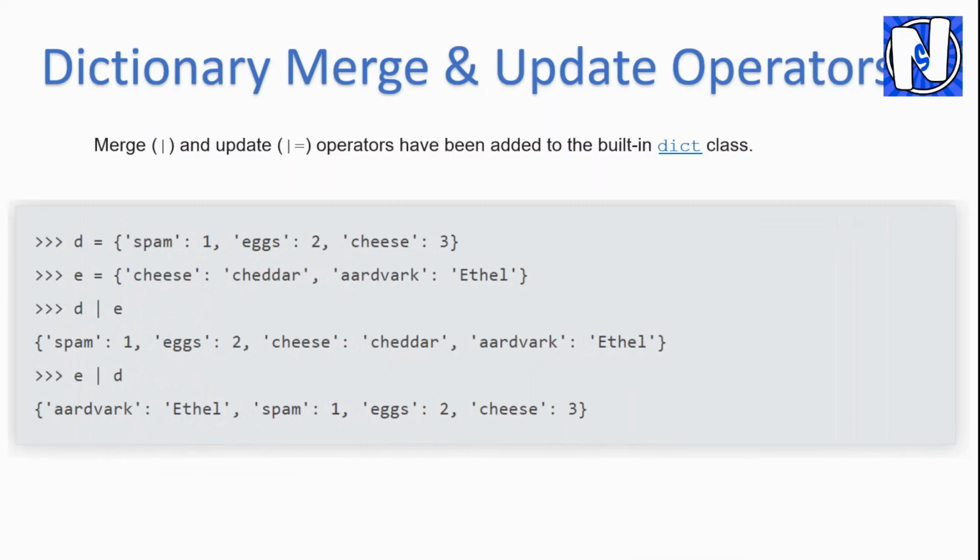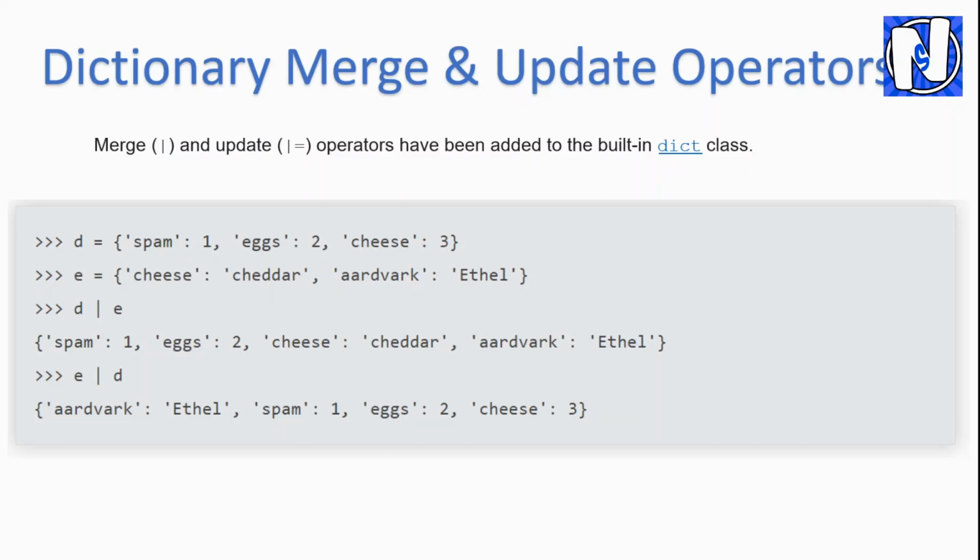And now we will use the merge operation on some kind of bigger dictionary. D equals, you can see, spam, egg, cheese. Same, E has some keys and values.